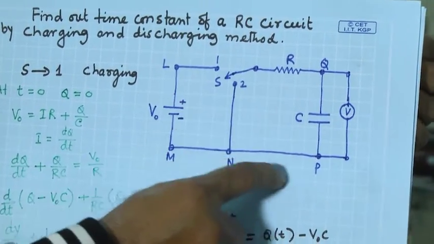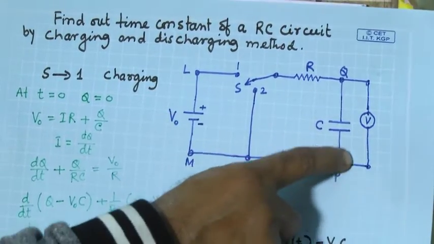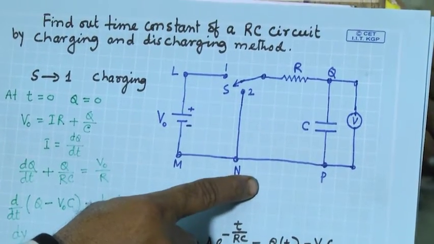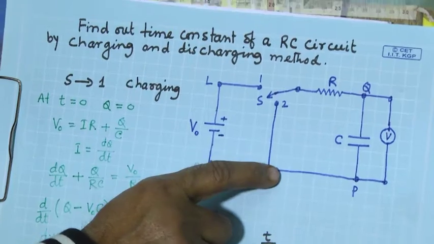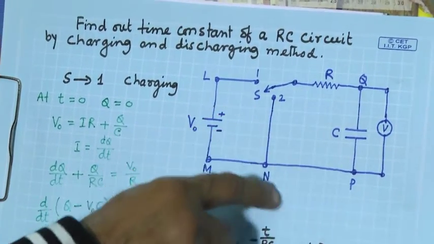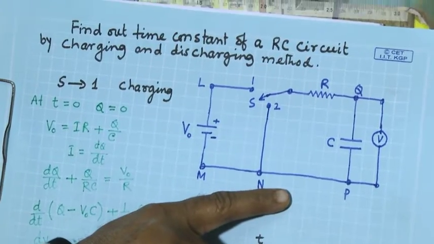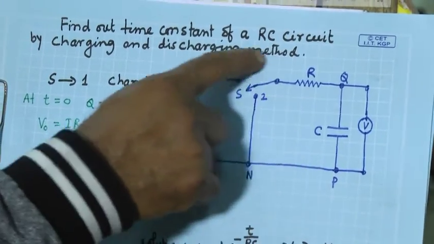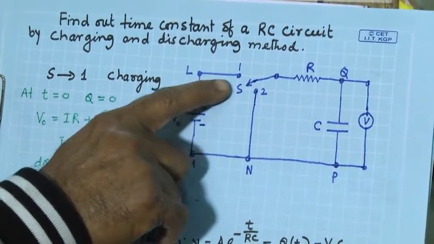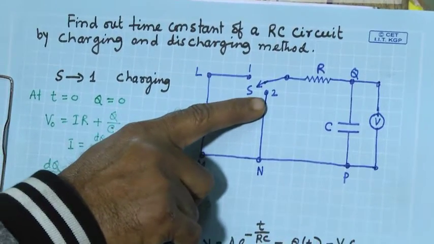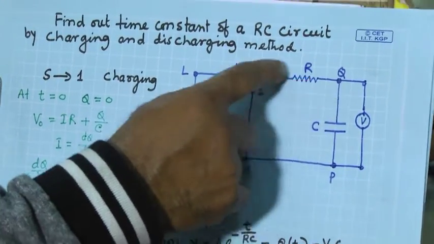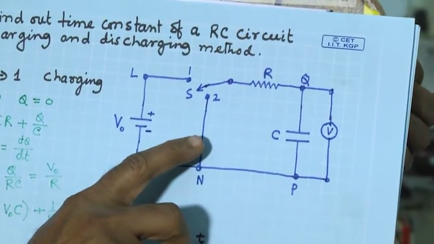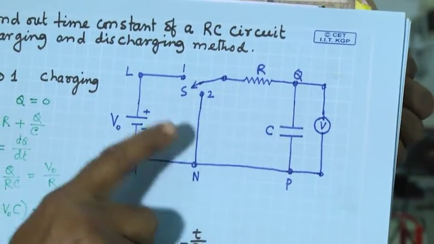This is also an RC circuit, but now without power supply, without applied voltage, what will happen in the circuit? This we call discharging. So when the switch is at position 1, it is charging of this RC circuit, and when the switch is at position 2, it is discharging of the RC circuit. Okay. So both cases, charging and discharging.